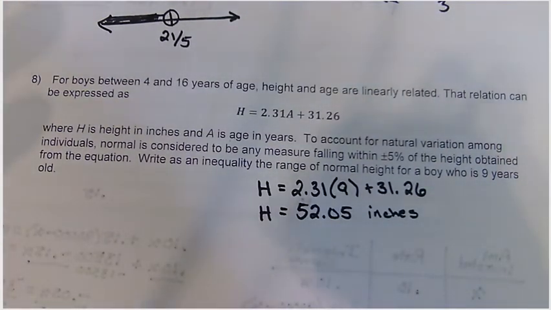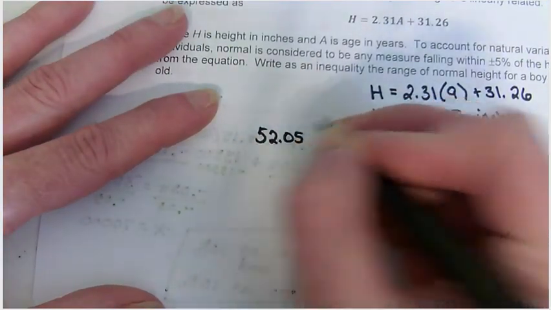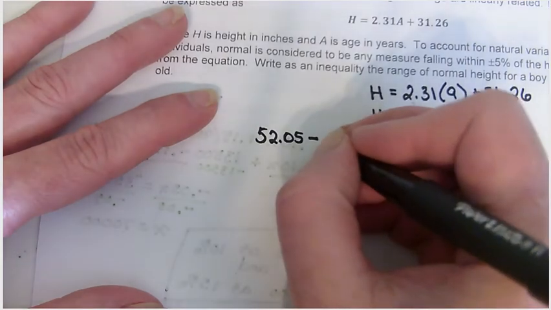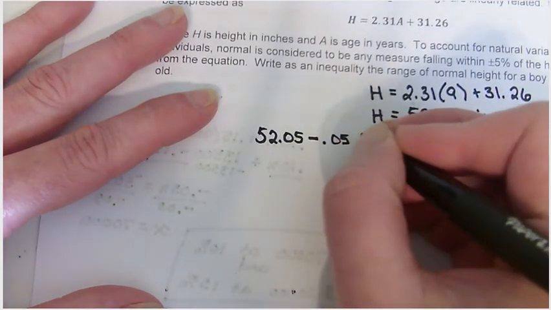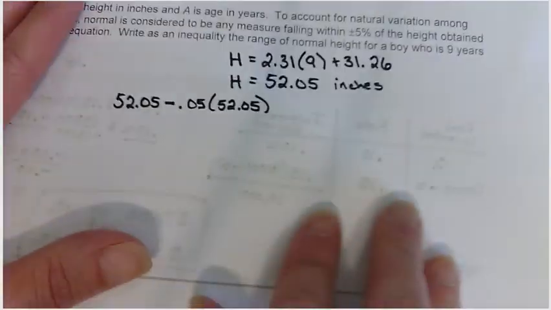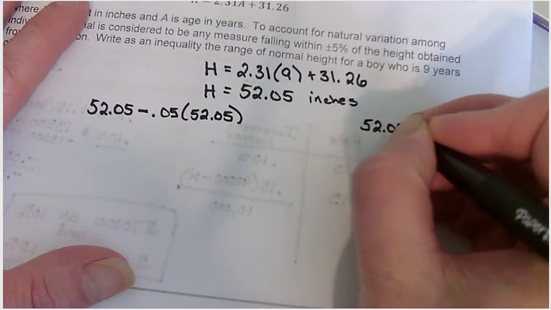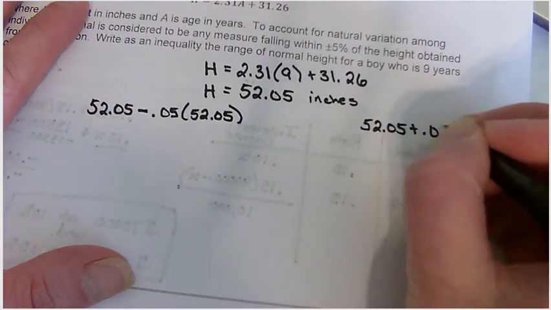Let's talk about that. If I'm increasing or decreasing by 5%. So the lower boundary would be subtracting the 5%. And the upper boundary would be if I added 5%.